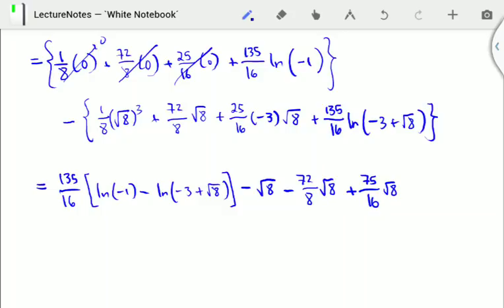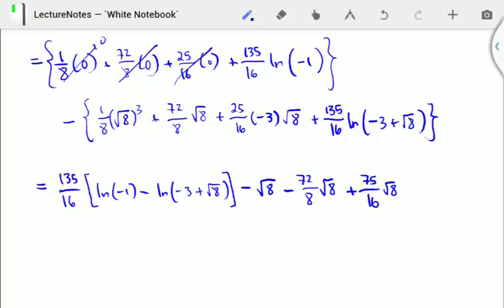So this 72 over 8, I can write it with the denominator as 16. Okay, so that will give you that number.